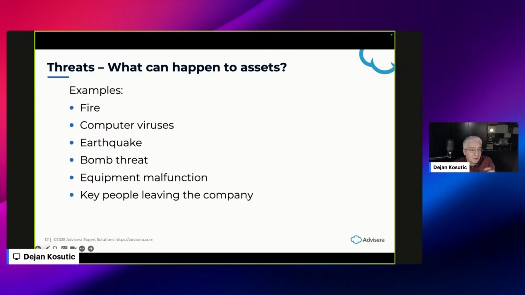And again, related to people, if the asset is some key employee, and the vulnerability is that this is the only person that knows something and there is no replacement, then this combination of asset and vulnerability enables a threat to materialize, so people leaving the company.